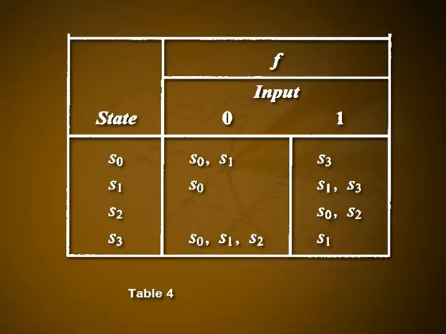Find the state diagram for the non-deterministic finite state automaton with the state table shown in table 4. The final states are S2 and S3. You can see the table. So, here for different states S0, S1, S2, S3, we have a set of states.